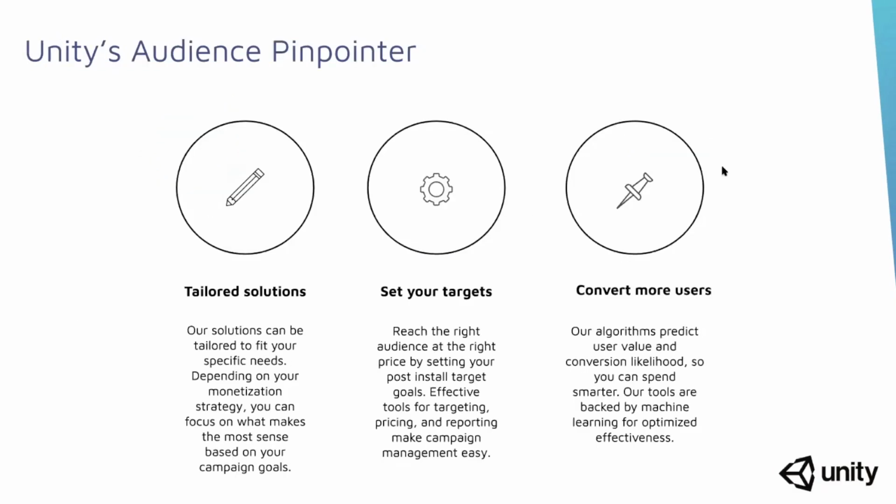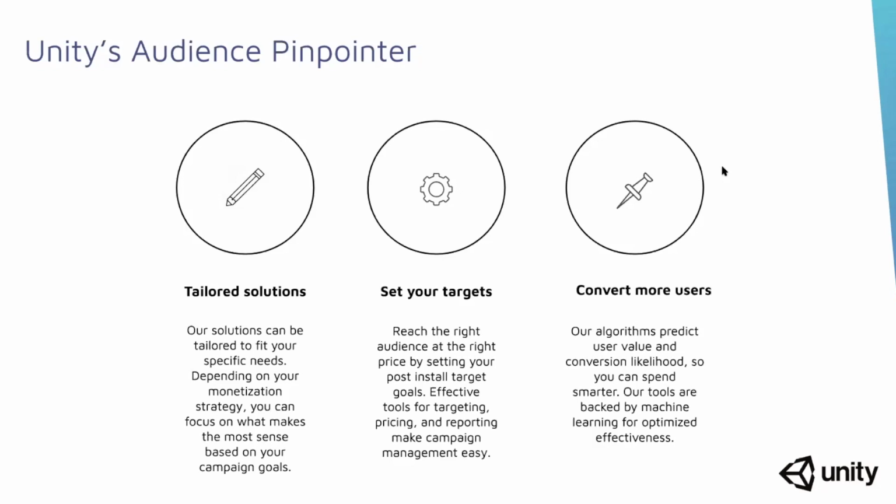All right, and I'll jump a little bit into Unity's Audience Pinpointer product. It's a tailored solution that allows you to focus on what your specific needs are, depending on your monetization strategy. It, in practice, allows you to set your targets, whether those are retention targets or in-app purchase ROAS targets, and effectively target, price, and report on your user acquisition campaigns to make the management as easy as possible.